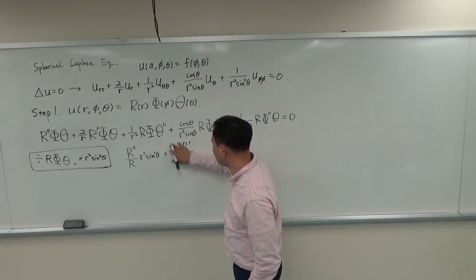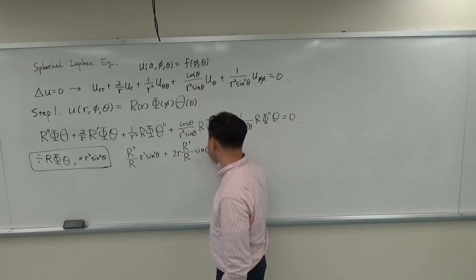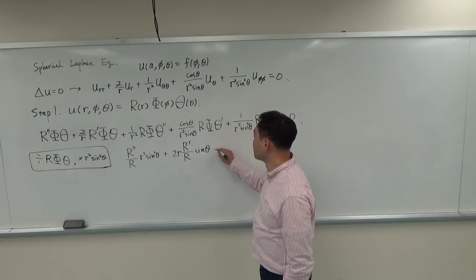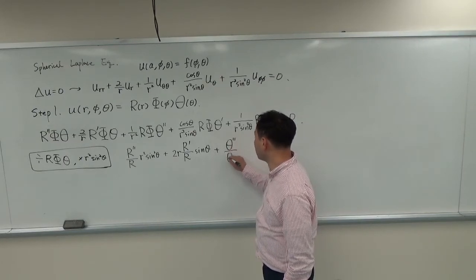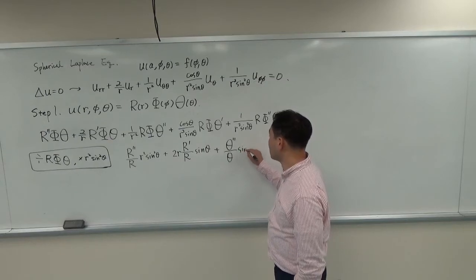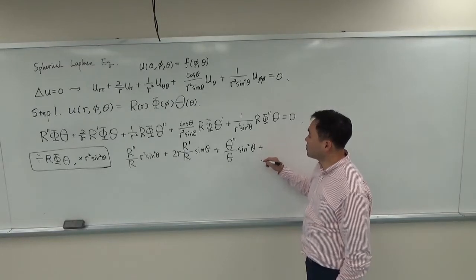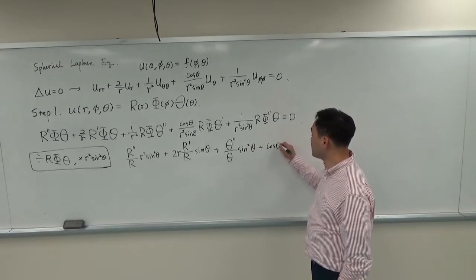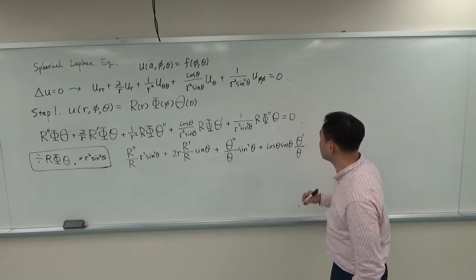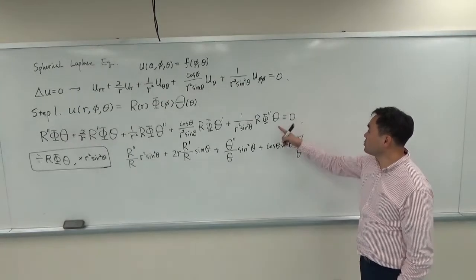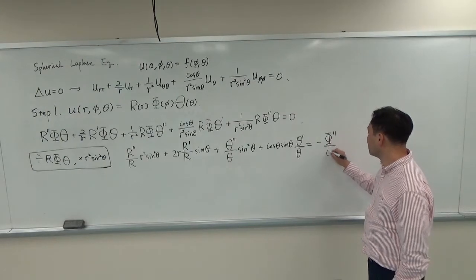So this is actually 2R sine theta, and then plus theta double prime over theta, and then sine squared of theta. And then it would be cosine theta sine theta, theta prime over theta. And then we can finally move this to the other side and make that as phi double prime over phi.